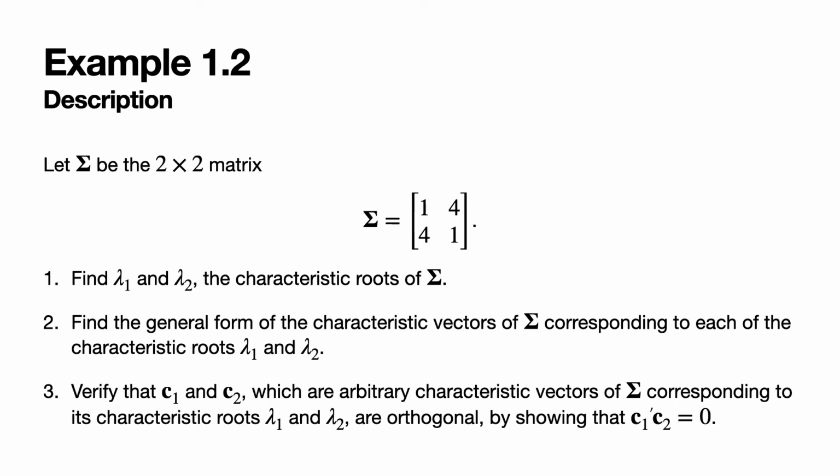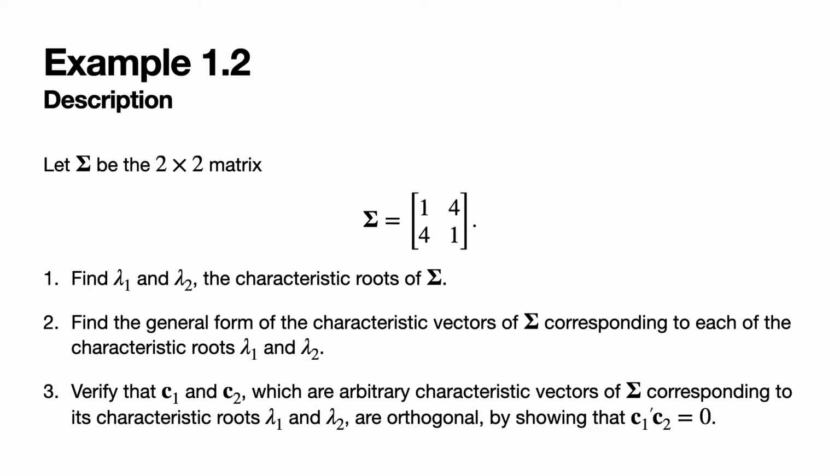The first step in answering that question is to find lambda 1 and lambda 2, the characteristic roots of cap sigma. We'll then find the general form of the characteristic vectors of cap sigma corresponding to each of the characteristic roots lambda 1 and lambda 2. These characteristic vectors will be denoted by C1 and C2.